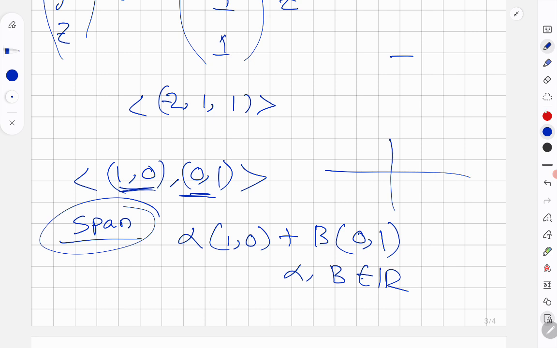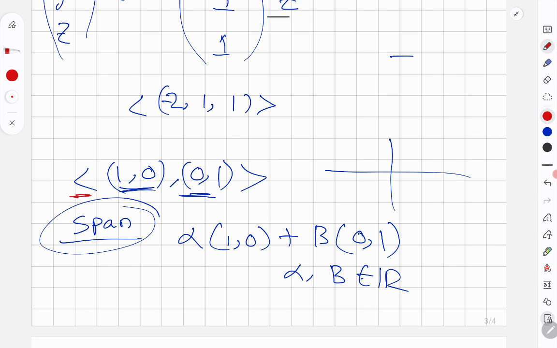Give me a 2D coordinate that you want to reach. Maybe 99, 100. To find the values of alpha and beta, it's so simple: alpha equals 99 and beta equals 100.